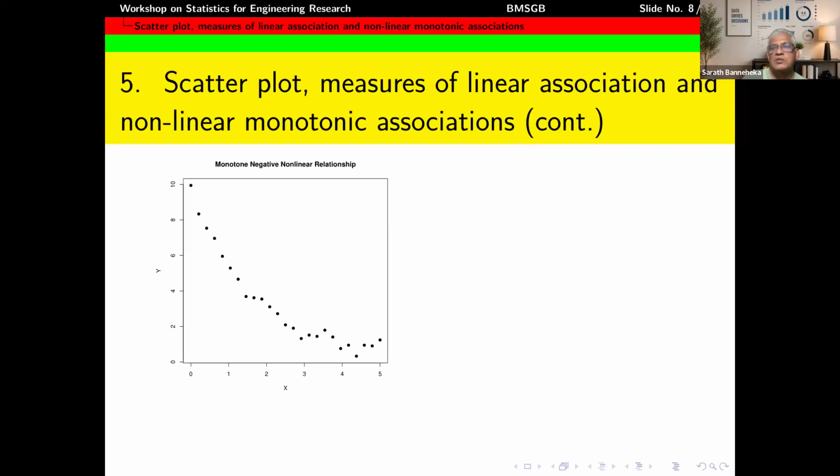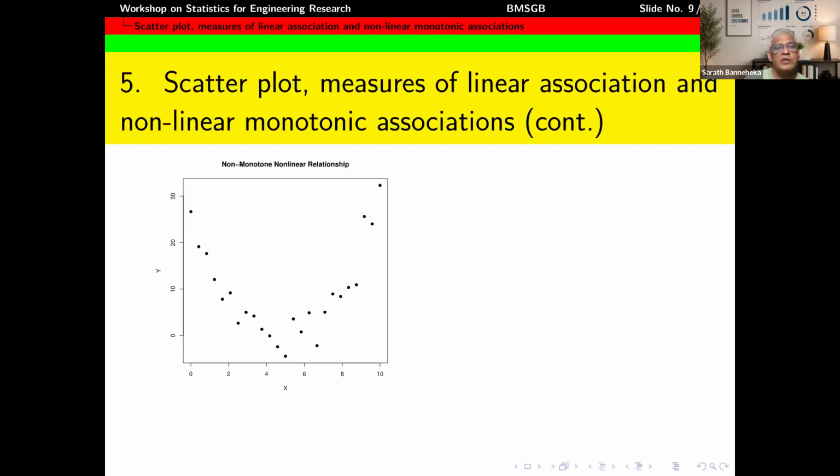It's not randomly scattered around whatever line or curve you are considering for all x values. So in this case, it's better to call it a monotone, negative, non-linear relationship.